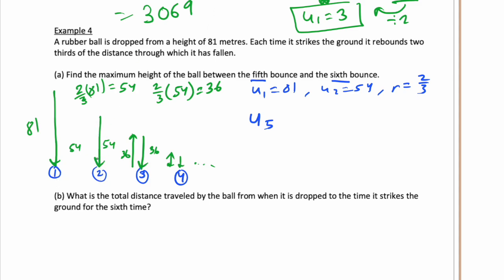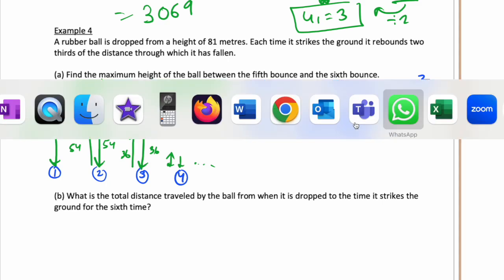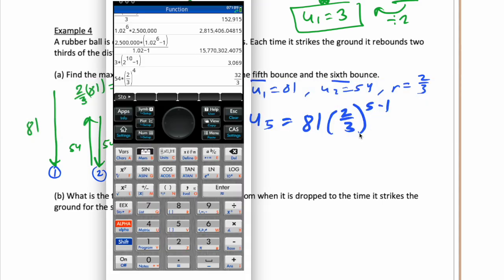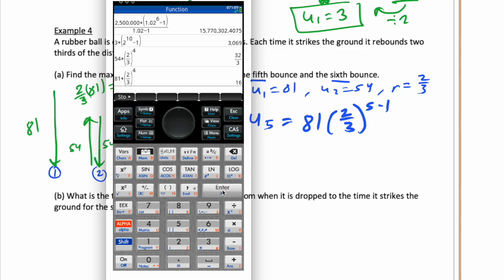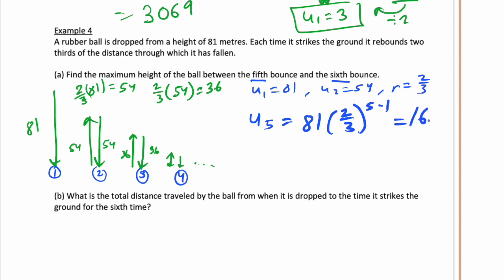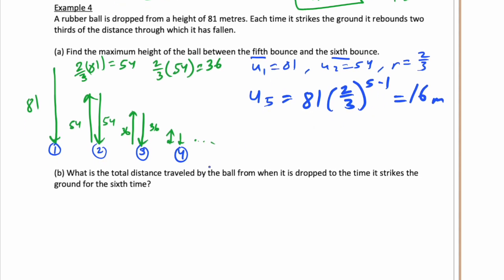I don't know what happened to one of those lines. Yeah, so U5. We'll take the first term, which is 81, times 2/3 to the power of n minus 1, and work that out. That's 16. So 16 meters is between the 5th and the 6th bounce.